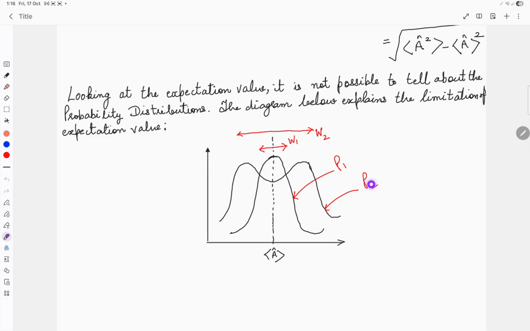W2 is the width for probability distribution 2, and W1 is the width for probability distribution 1. Therefore, knowing the expectation value, we cannot say the characteristics of the probability distribution, because P1 and P2 are two different probability distributions. Though the expectation value is the same, this root mean square deviation is different, which explains the width of this distribution.